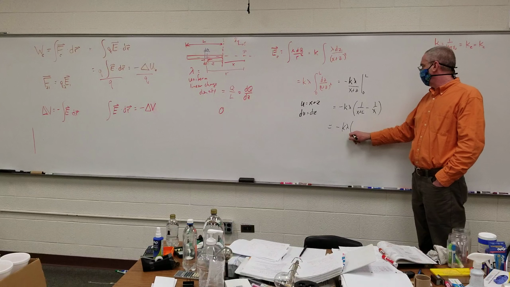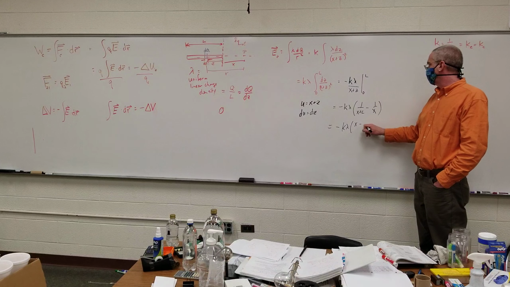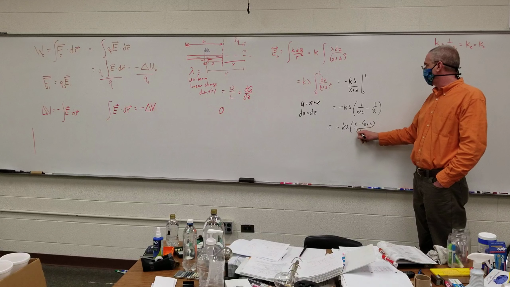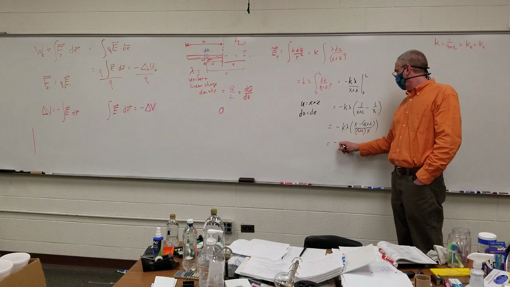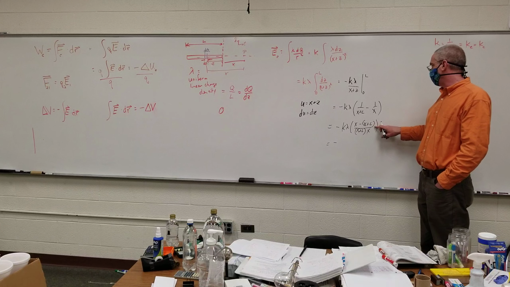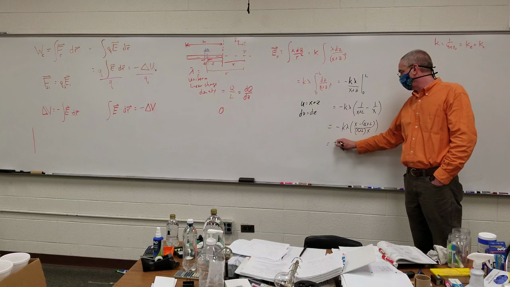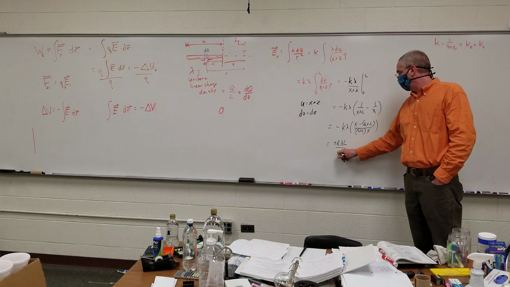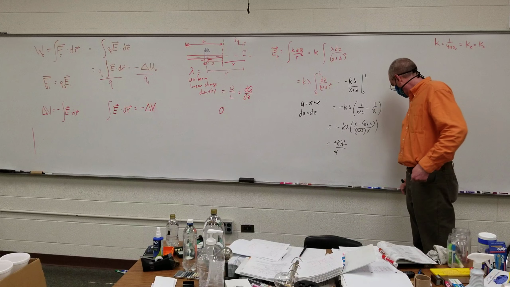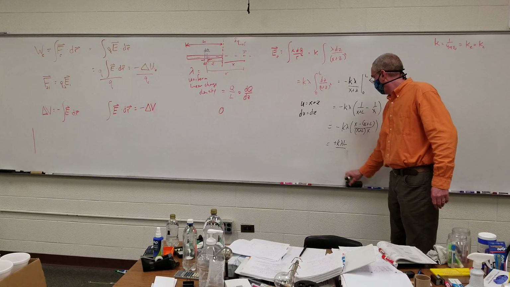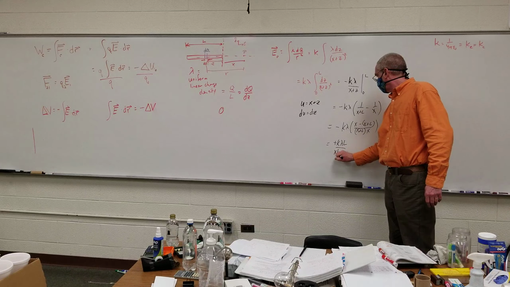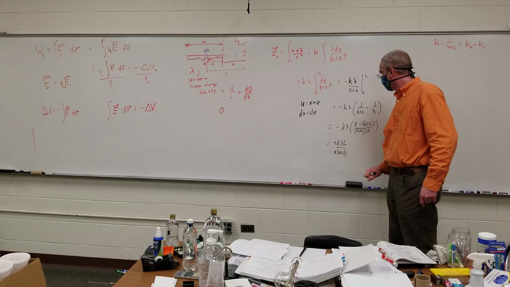Get common denominator, we end up with x minus x plus L over x plus L times x, which is, my numerator becomes negative L, and the negatives cancel out, so I'm left with k lambda L over x times x plus L.